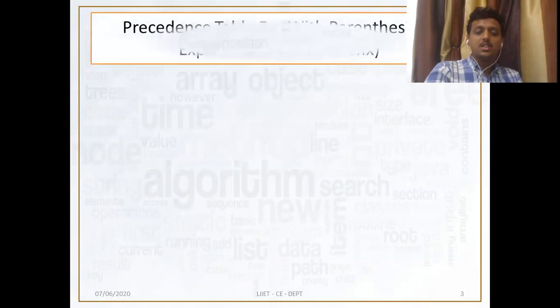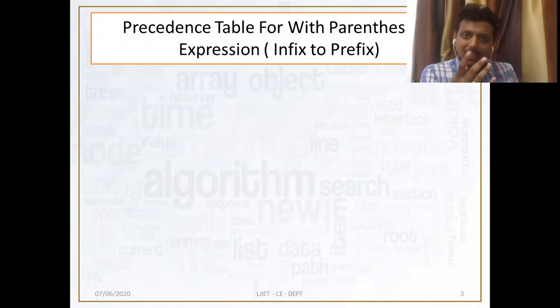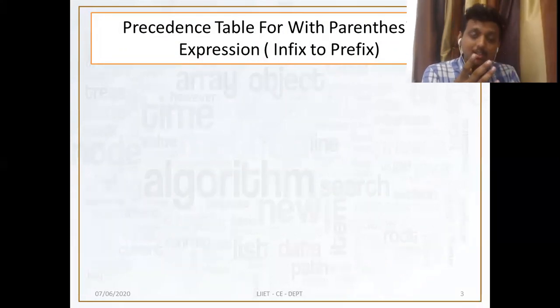Students, do you remember the precedence table for parenthesized expressions for infix to postfix? If yes, how many columns are there? Total 4 columns, right? Number 1 is symbols. Number 2 is precedence outside the stack. Number 3 is precedence inside the stack, and number 4 is rank.